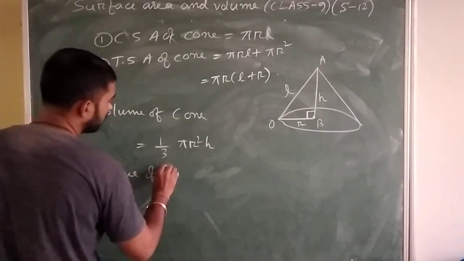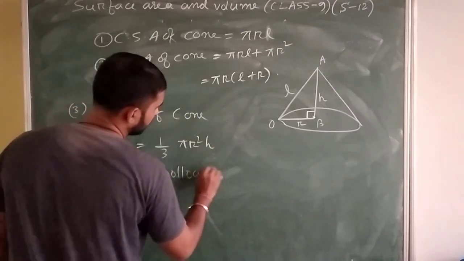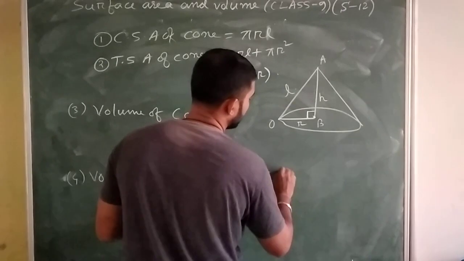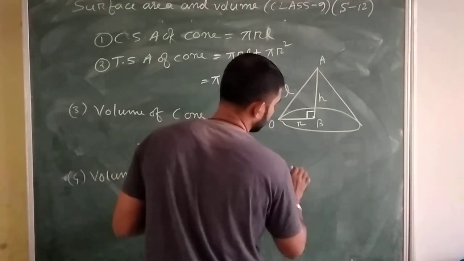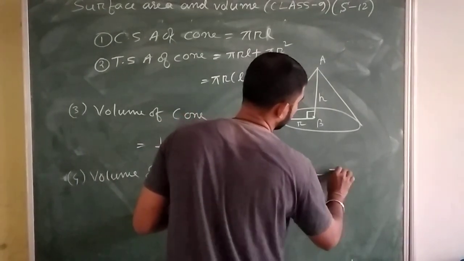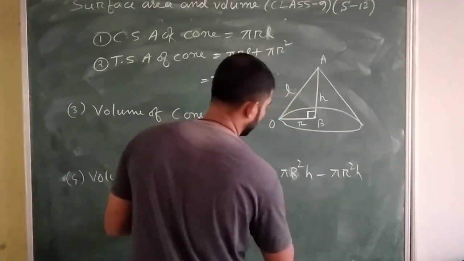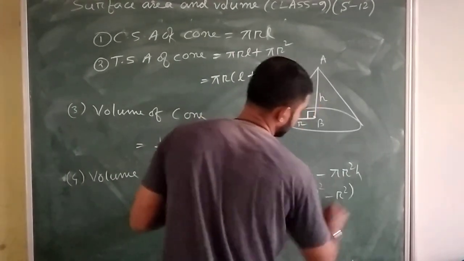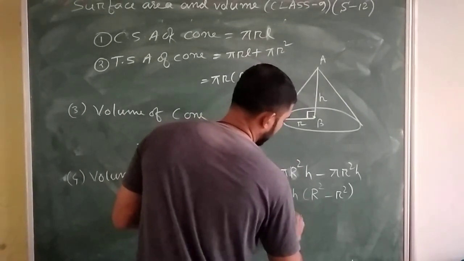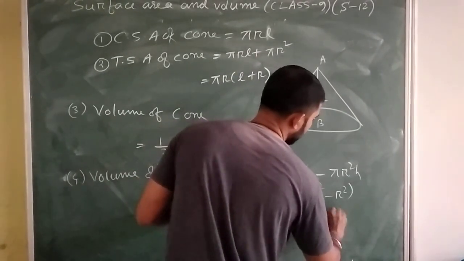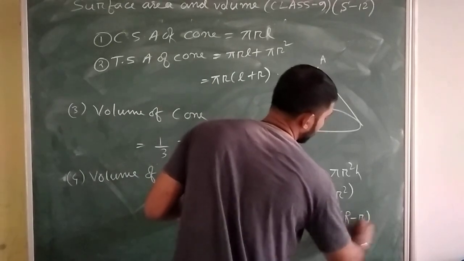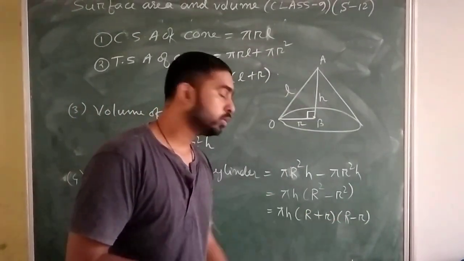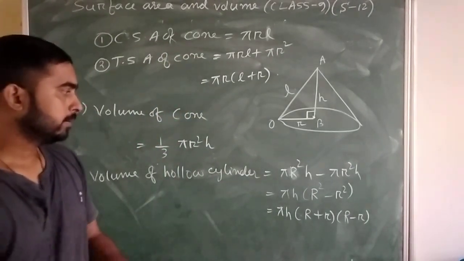Volume of hollow cylinder is outer volume minus inner volume, or pi h (R square minus r square). In some books it is given as pi h (R plus r)(R minus r), because it's a square minus b square. They use the formula (a plus b)(a minus b).